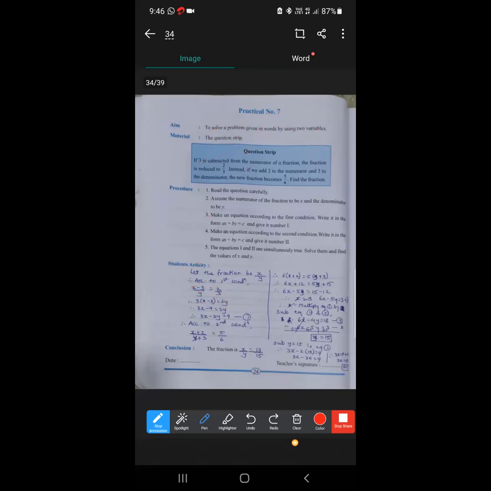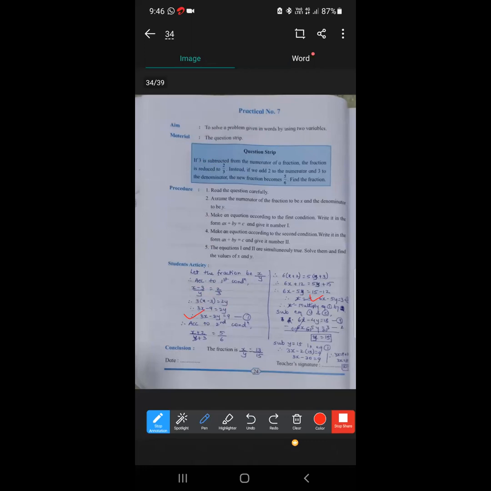Now, the first equation is 3x minus 2y equal to 9, and the second equation is 6x minus 5y equal to 3. You have to solve these simultaneously, that means together.